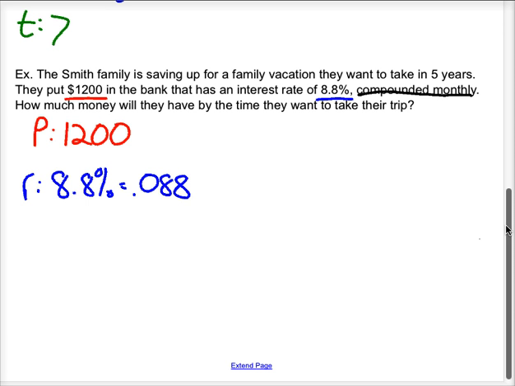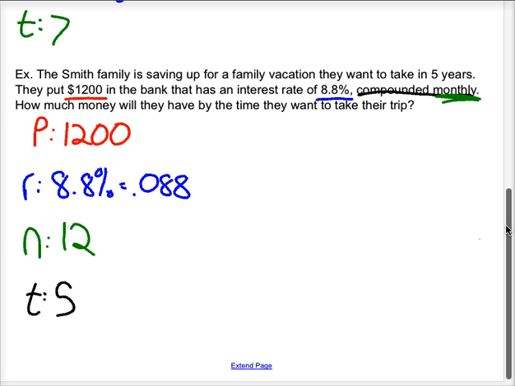So we get 0.088. Compounded monthly. Monthly, well, there are 12 months in a year, so that means N is going to be 12. And then how long? The T, where they're going to take their trip in 5 years.